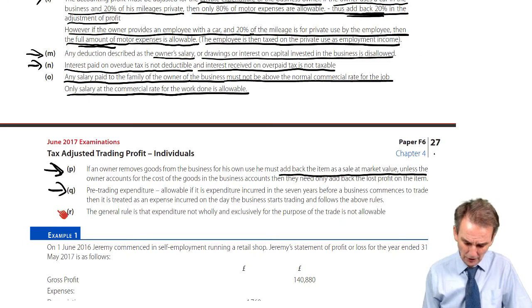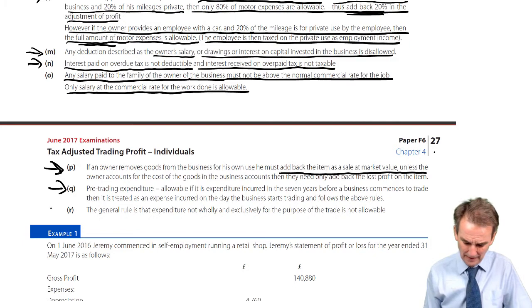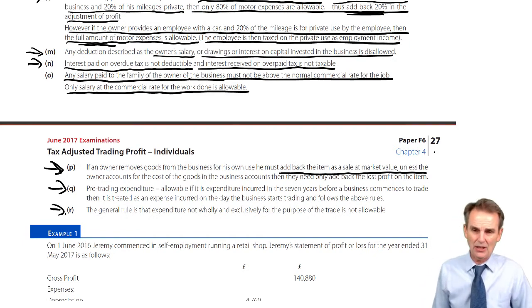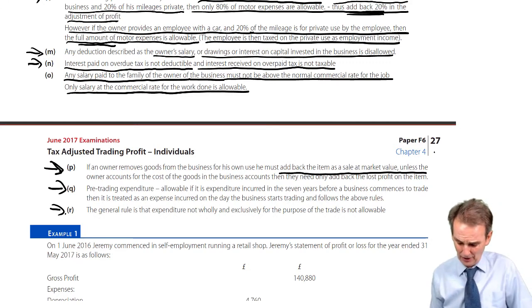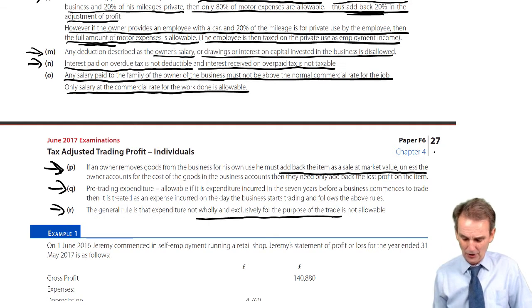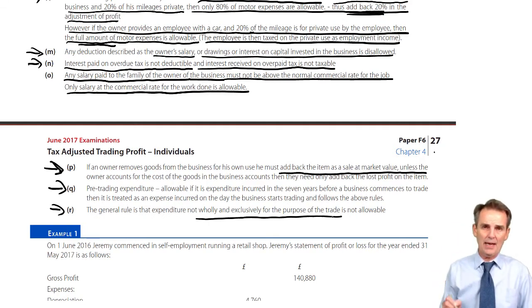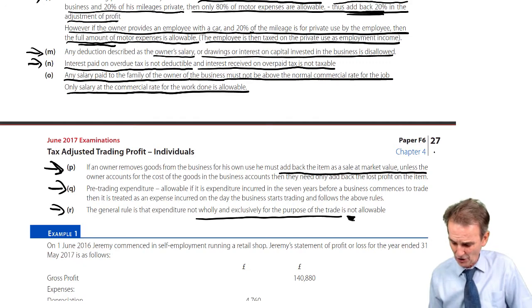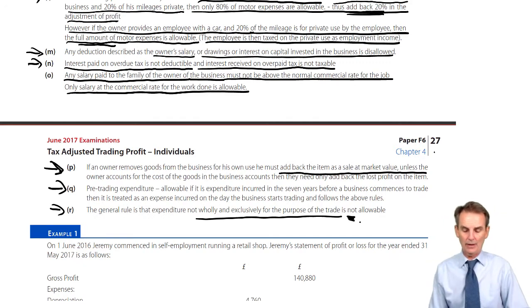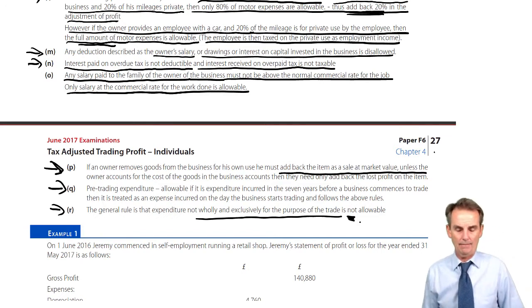The overall general rule that we have here as regards the allowability of expenses is they have to satisfy two basic criteria. That is that they have to be incurred wholly and exclusively for the purpose of the trade. If it fails that general test, then it's not allowable. It has to be incurred wholly and exclusively for the purpose of the trade.